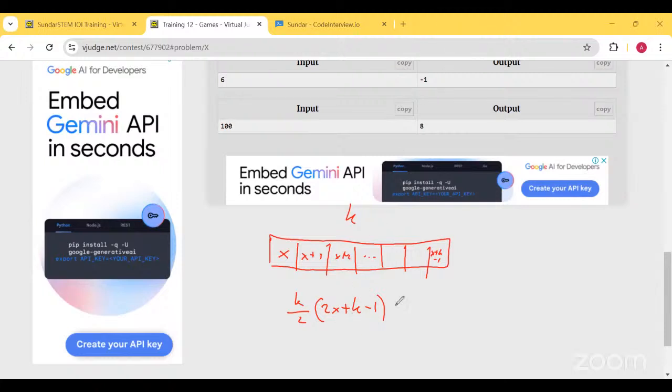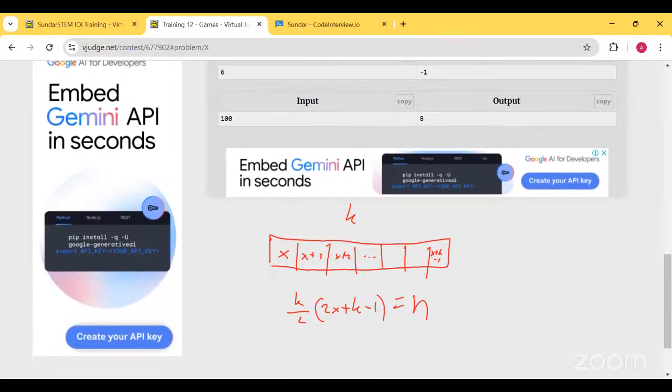Then just find any k such that there is an x so that this formula is equal to n. So let's break this equation. It is 2n equals 2kx plus k squared minus k.